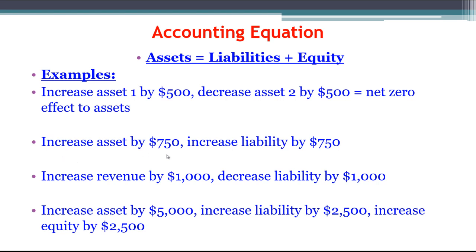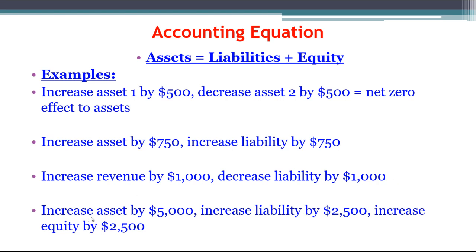Maybe we increase an asset by $750, increase the liability by $750. We borrowed money to buy an asset. Maybe we increase revenue by $1,000 and decrease the liability by $1,000. So nothing has to happen on the asset side because the equity and liability side is a net zero impact.